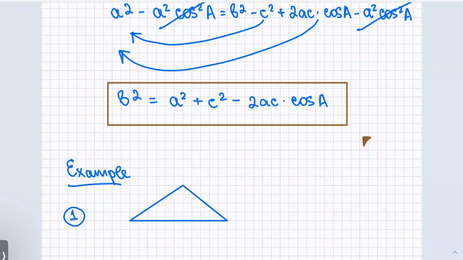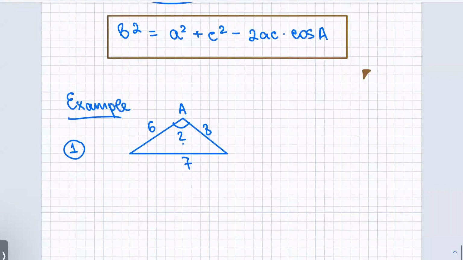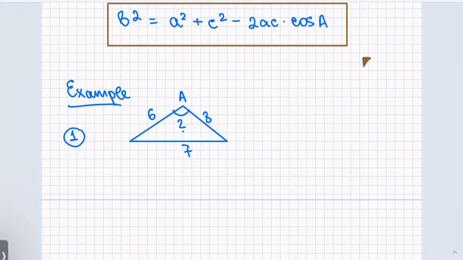And what do we know about this triangle? We know that this side is equal to 6 centimeters, this 8, and this 7. What we want to find, dear students, is this angle, which I denote by A. So this is our unknown angle. So how can we find it?